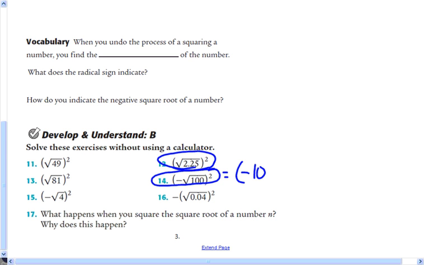So really, that's just like saying 10 multiplied by itself, and 10 times 10 is 100. So check that out. That is the number that we have underneath the square root symbol. That seems to make sense because multiplying a number by itself and taking the square root are really inverses of each other. X squared and the square root of x undo each other.